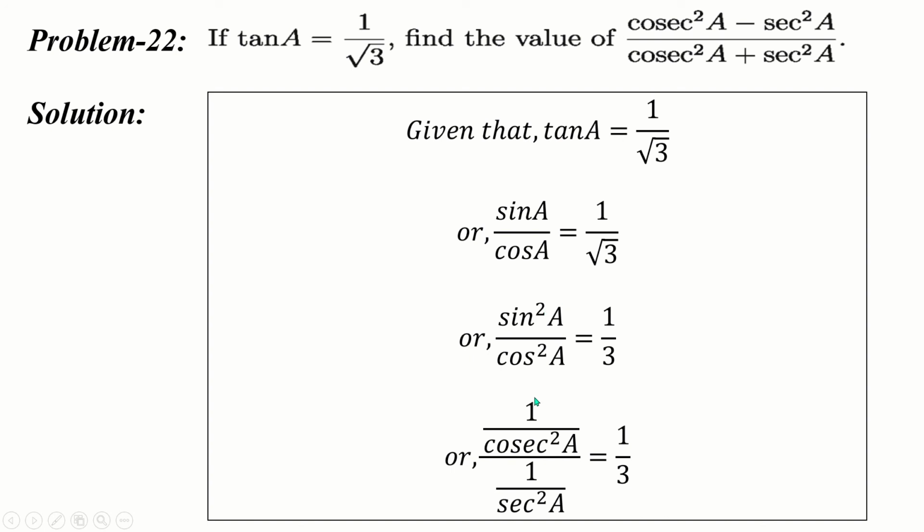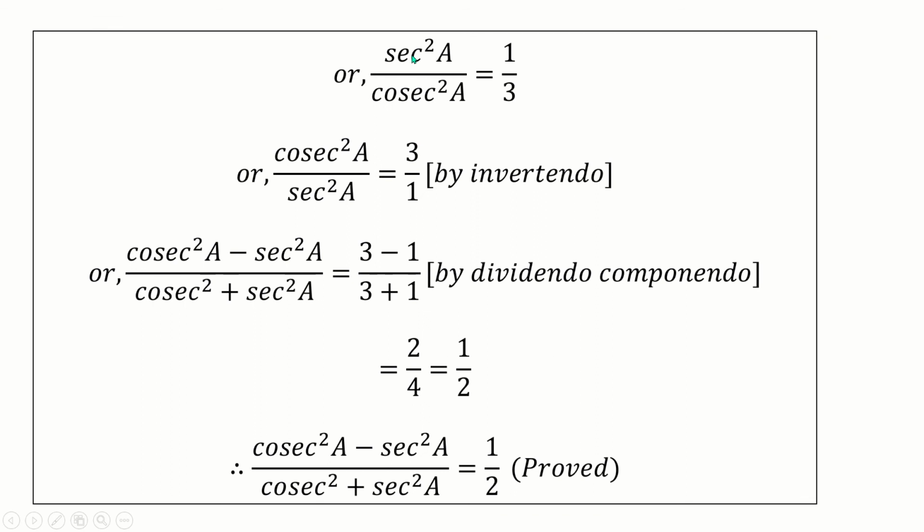But sin square a means 1 by cosec square a, and cos square a equals 1 by sec square a, because the given expression has cosec square a and sec square a. So we have to convert sin and cos into cosec square and sec square. Clear?